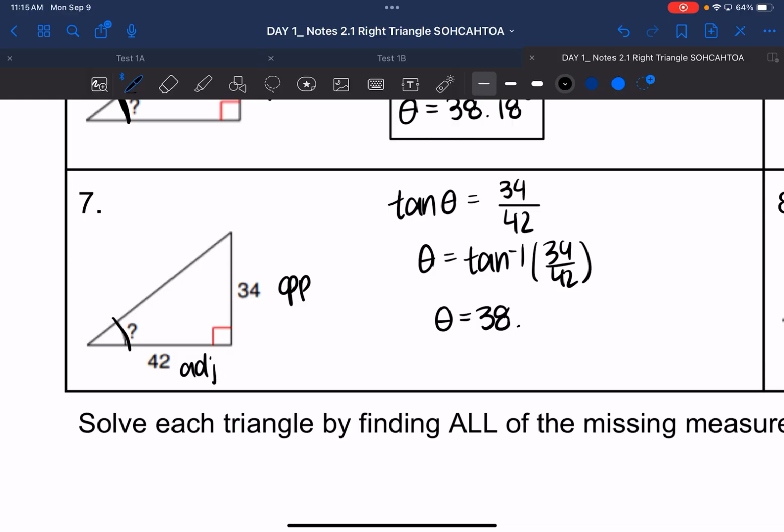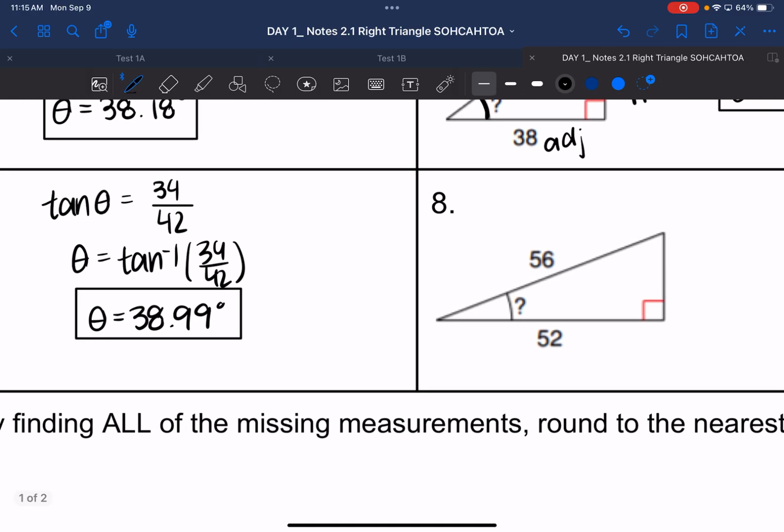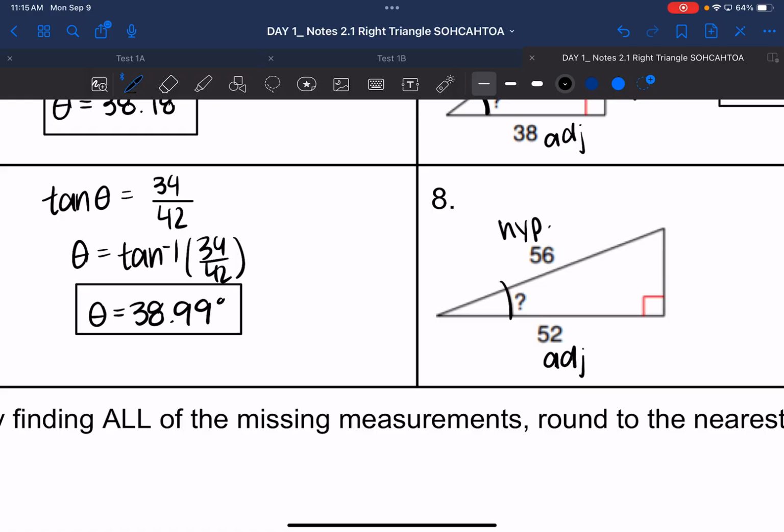Good. Good job, guys. Okay, number 8, last one in this section. What side was the 56? Hypotenuse. And what side was the 52? Adjacent. So which trig ratio did you have to use this time? Cosine.